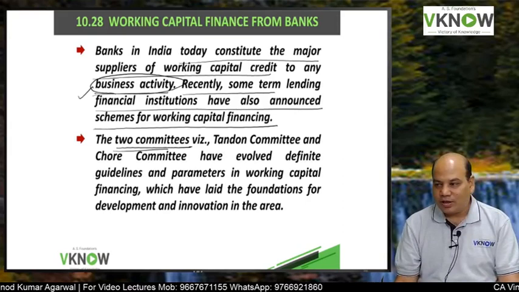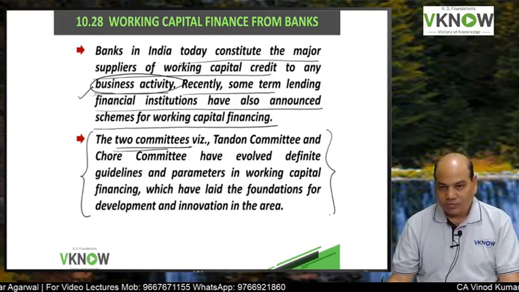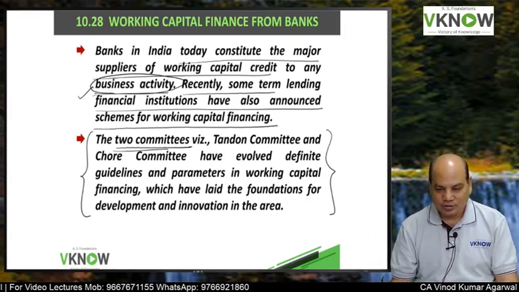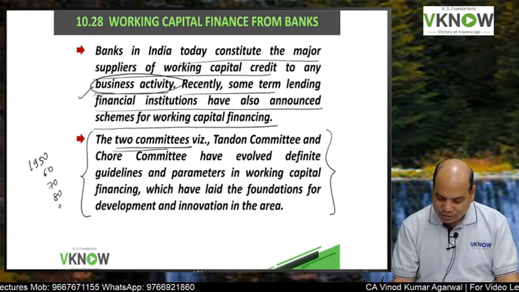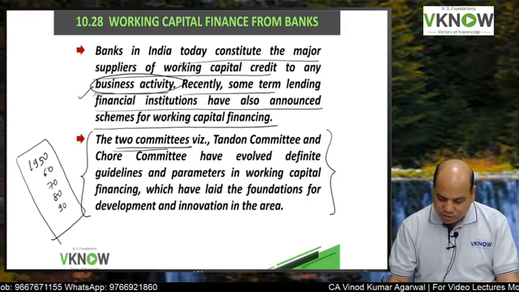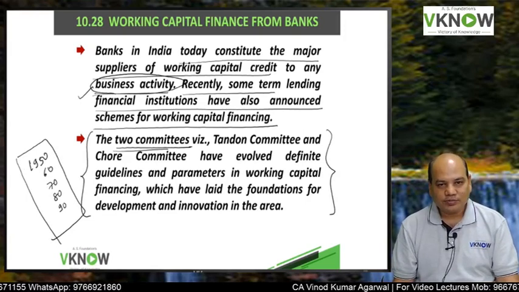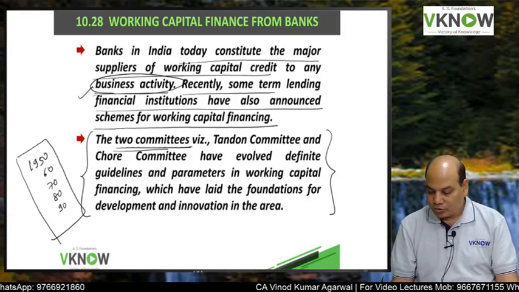Long back India was a developing country. That time banks did not have enough funds. In the 1950s, 1960s, 1970s, 1980s, 1990s, during this era, we were having a shortage of funds. Funds were not easily available.